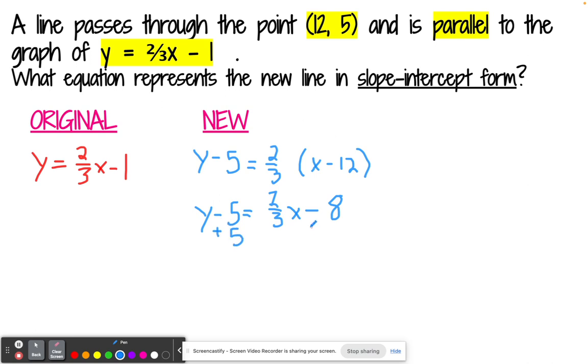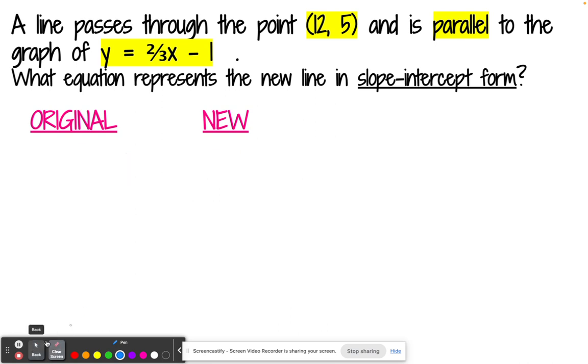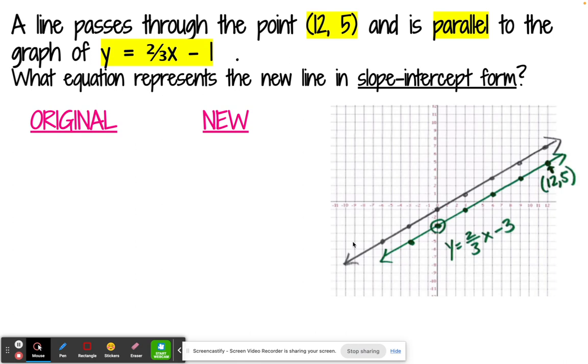And my new equation will be y equals 2/3 x minus 3. So I actually shifted this line down 2 places on the y-axis. There it is, if you had graphed it.